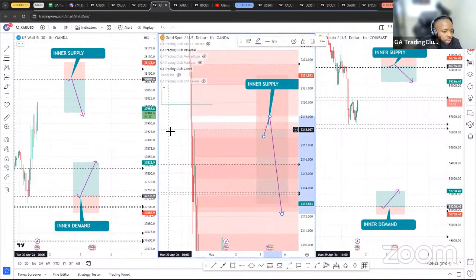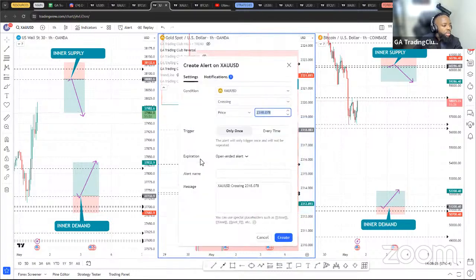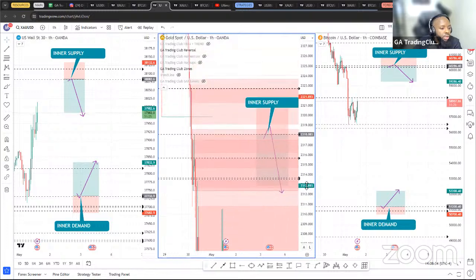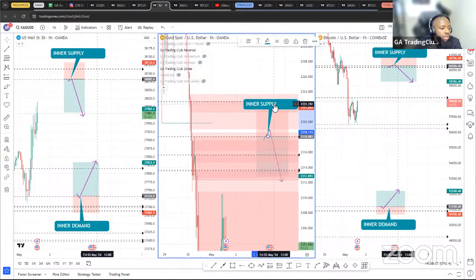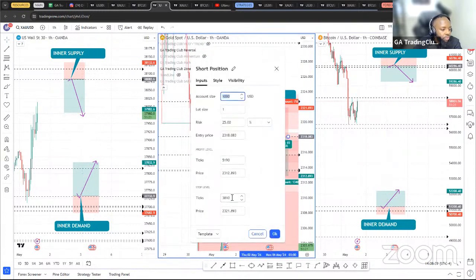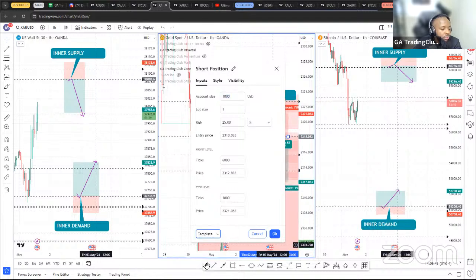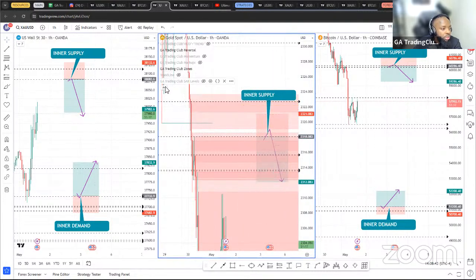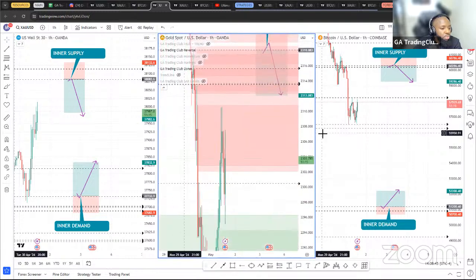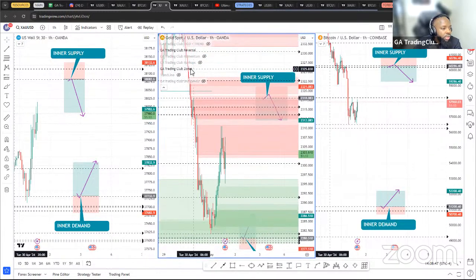So I go ahead and set an alert here, gold hourly supply. We didn't move the demand, so that's fine.